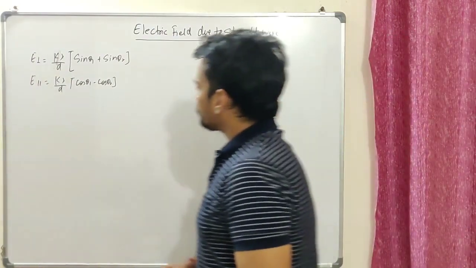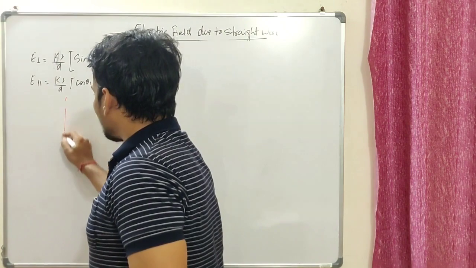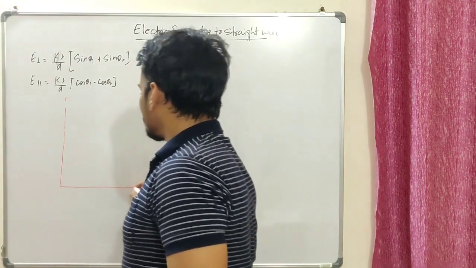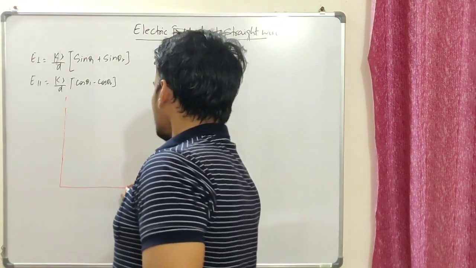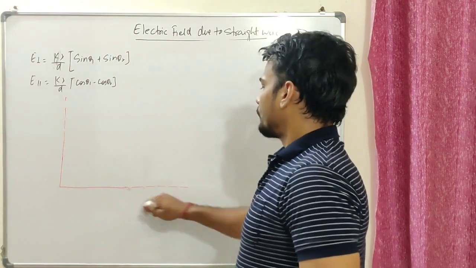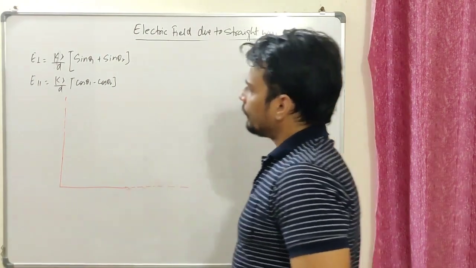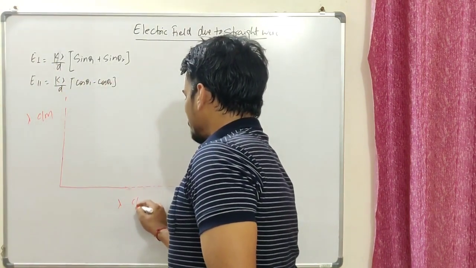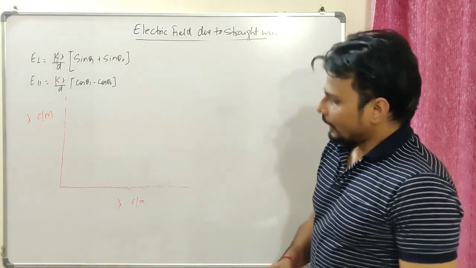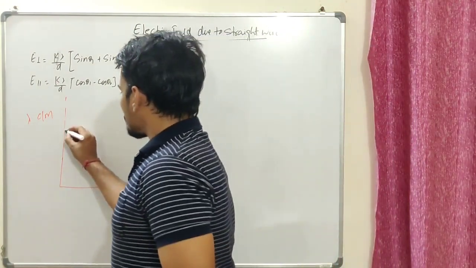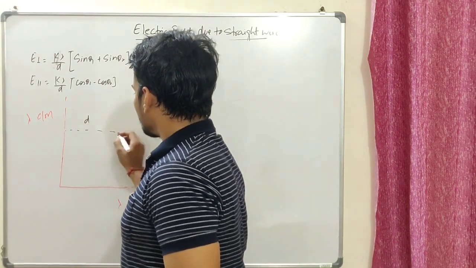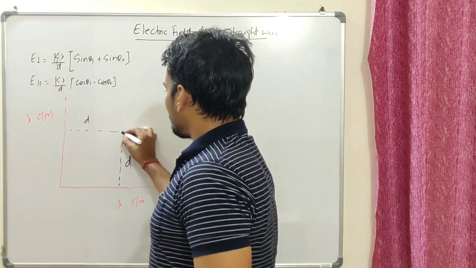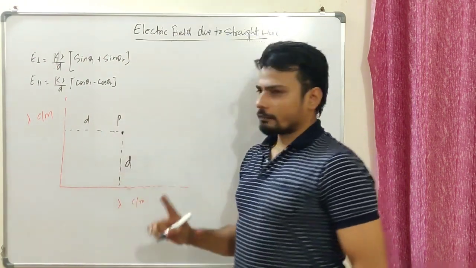Let's say, for example, I have a semi-infinite wire coming over here, and this is also a semi-infinite wire, having a charge density of lambda coulomb per meter, and the other also lambda coulomb per meter. Let's say I have a point P which is at a distance of D from here, and D from here as well. So this is my point P at which I have to find the electric field.